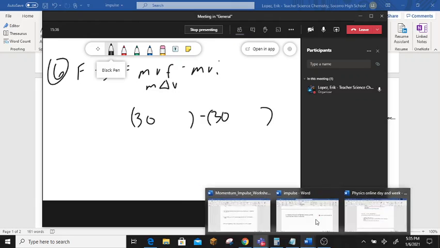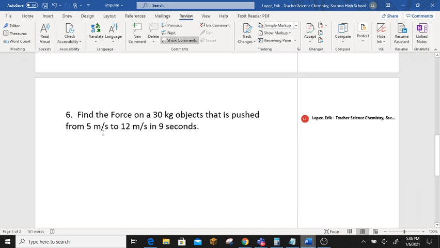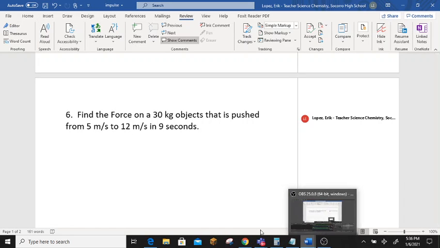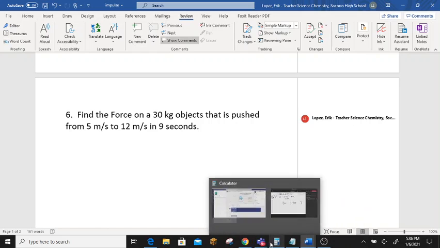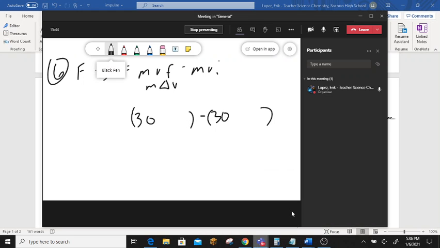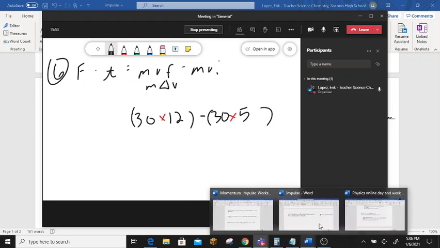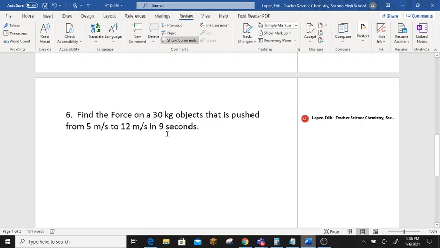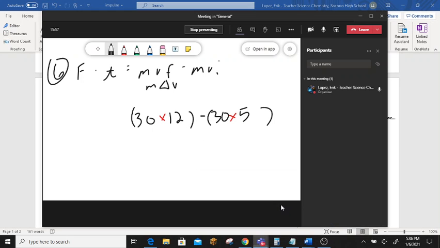And they are giving us initial 5 and 12 is final. And here we are multiplying these two. And what else do they give us? They give us a time, 9 seconds. And we're going to solve for force.